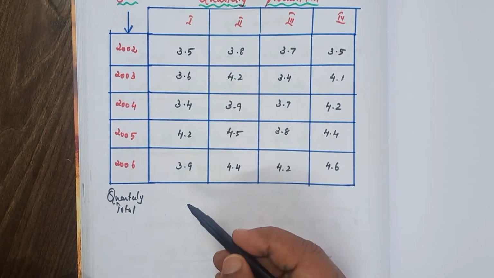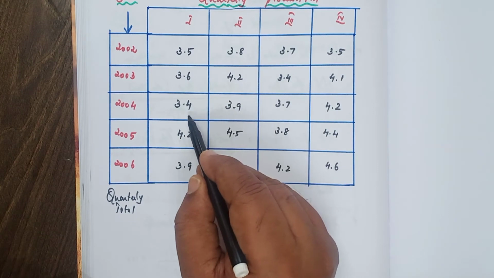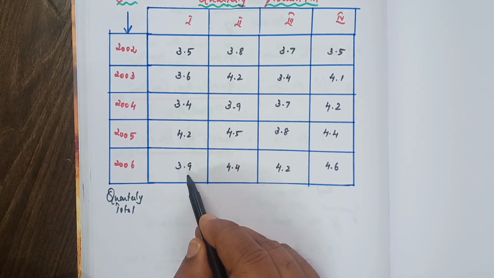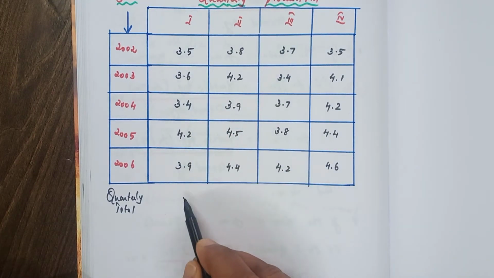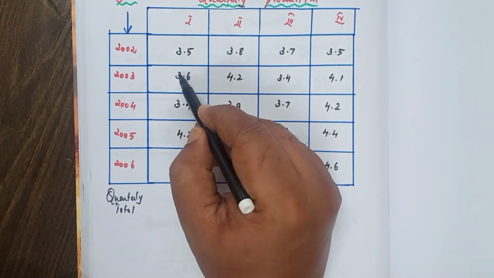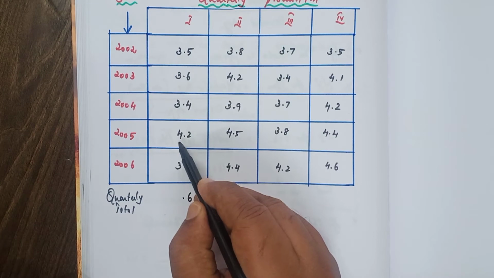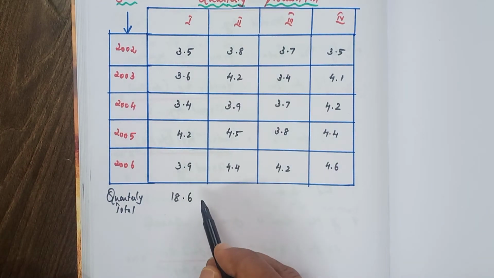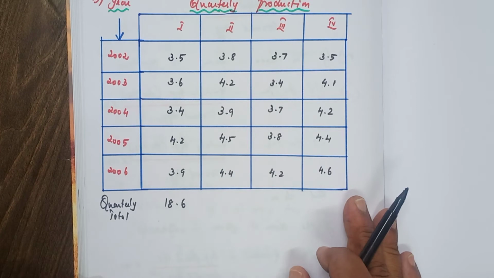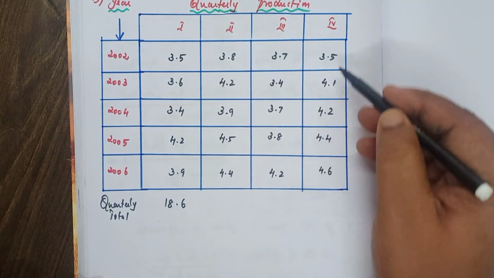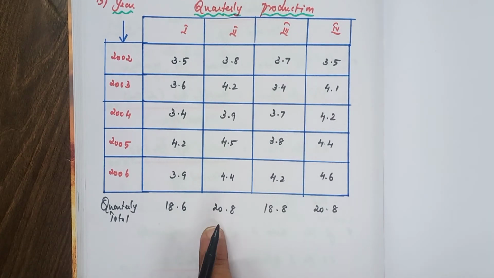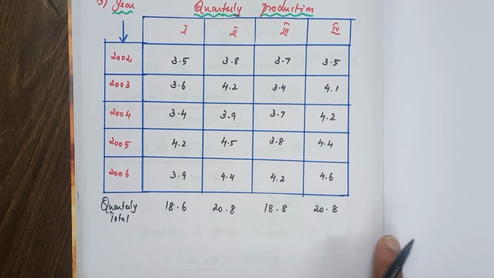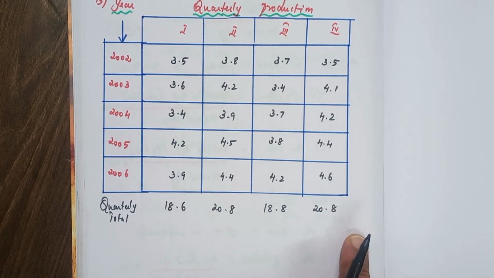Just add 3.5 plus 3.6 plus 3.4 plus 4.2 plus 3.9, and you get 18.6. Like that you have to do it for the second, third and fourth quarter totals and write them here. I have done that calculation for all 4 quarters.